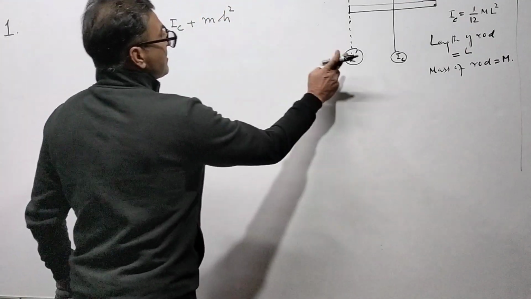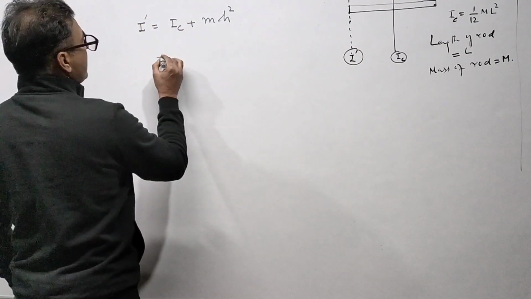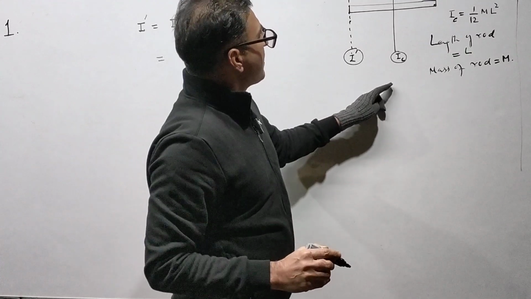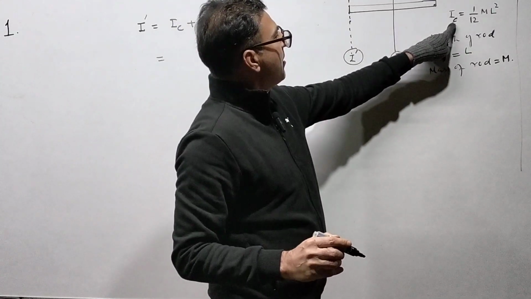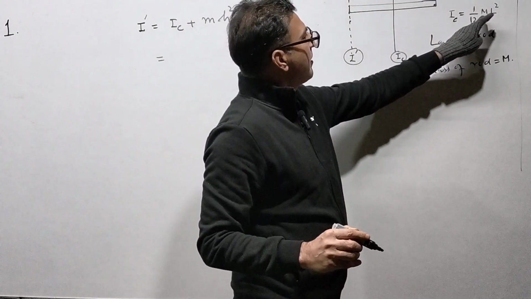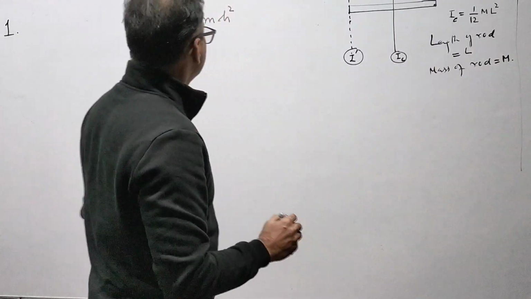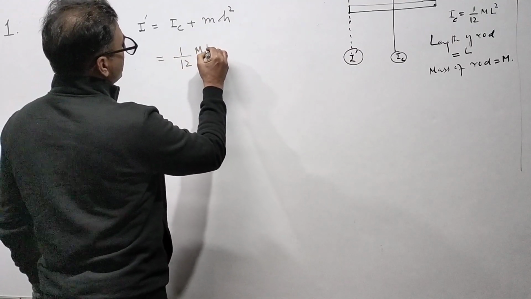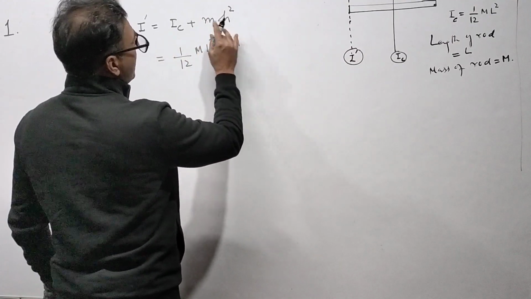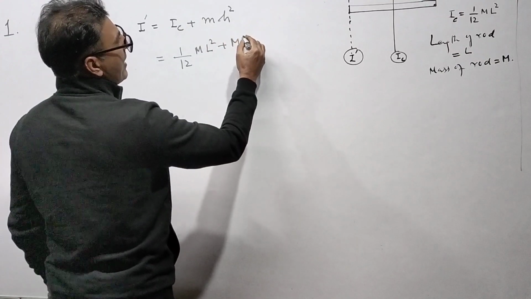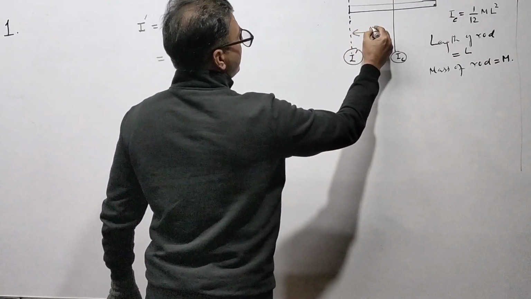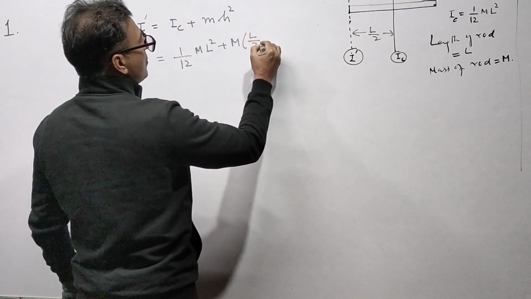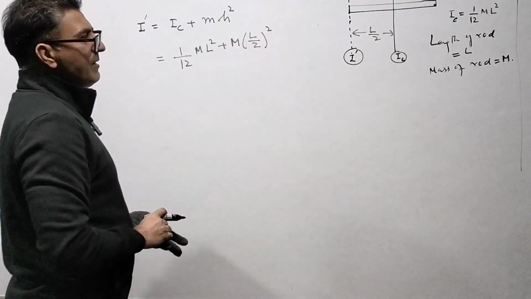So here it is I prime. What's IC? We have to find the answer in terms of this ml square. So it is 1/12 ml square plus m, the mass of this rod, times h square. What is the distance between the two axes? That is L/2, whole square, right?